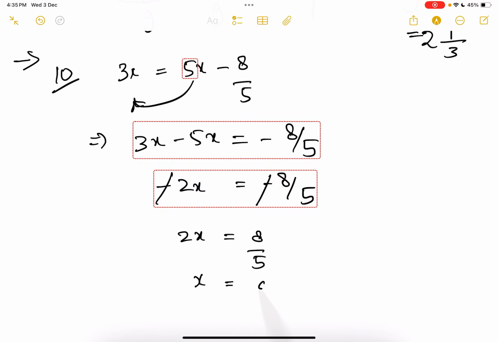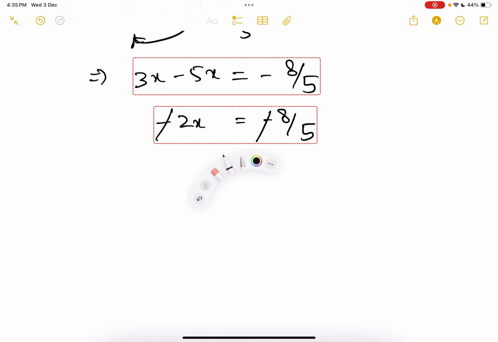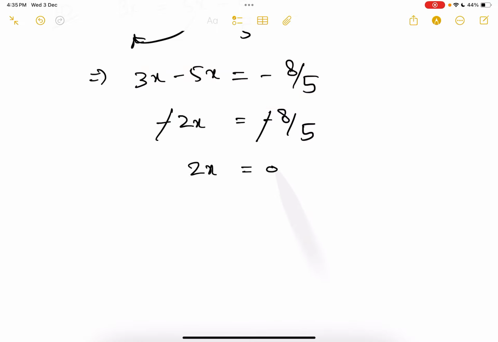Divide both the sides by 2. Here also you will divide it by 2, so it will be multiplied, but it will be a little bit complicated to understand. Wait, I'll do it in the next step. 2x is equal to 8 by 5. I'm dividing both the sides by 2. If you divide it by 2, you will get x.